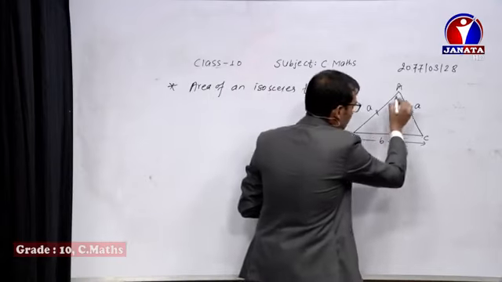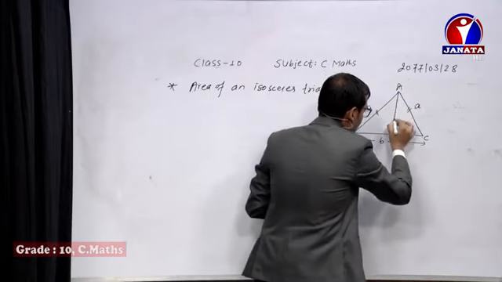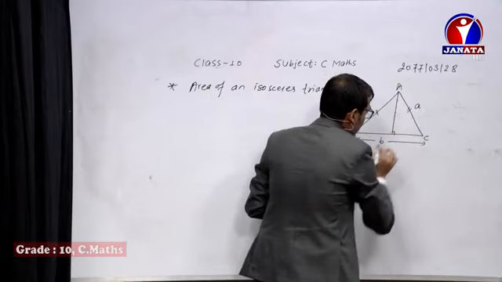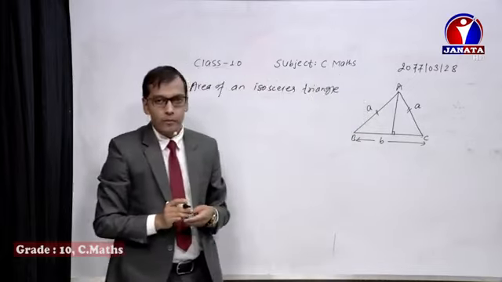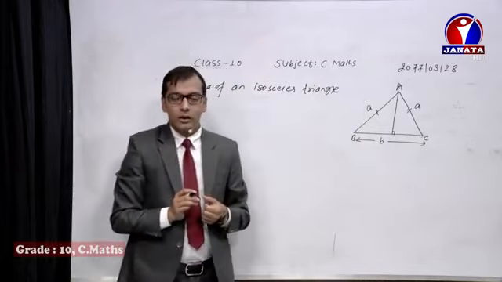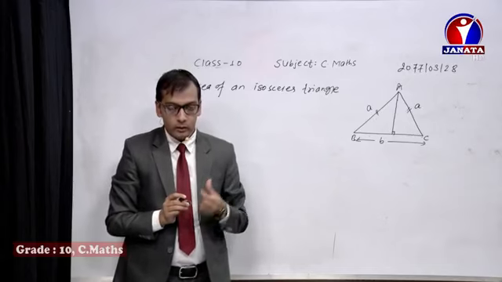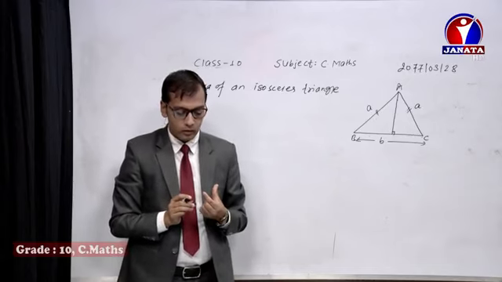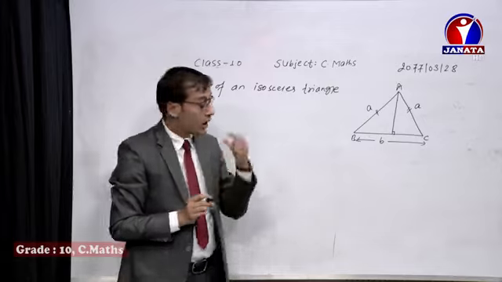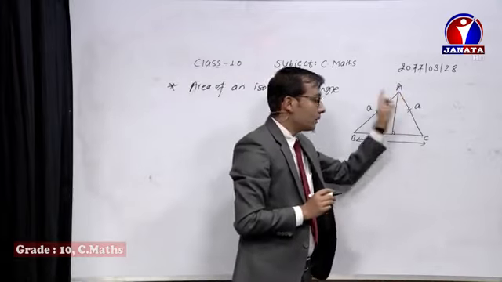For this, let me draw a perpendicular. In an isosceles triangle, there is a special property: the bisector of the vertical angle.